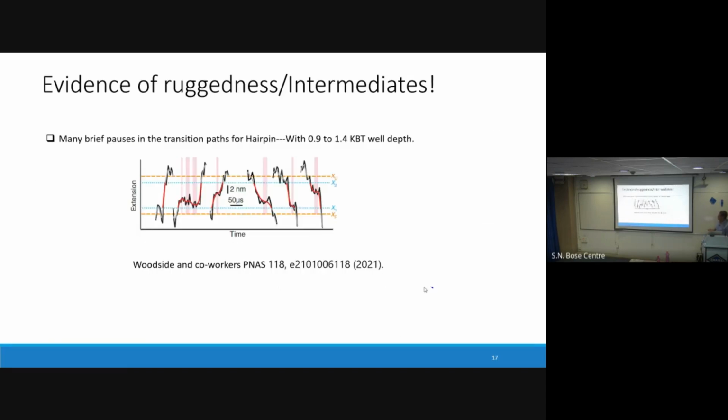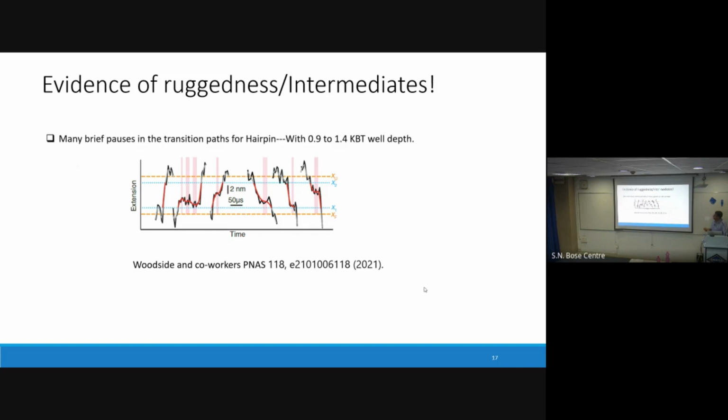Next, just after we published our paper, the same experimental group came up with a higher resolution experiment, and immediately after our paper was published, they showed that there is an intermediate region. There are many pauses on the transition path where the trajectory stays for some time, and the pauses are shown by these pink bars or purple bars.